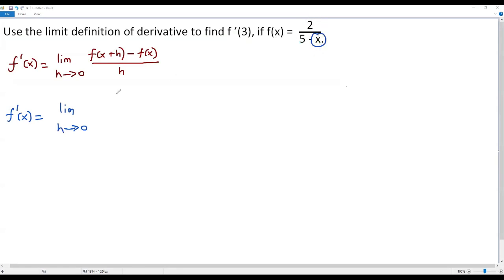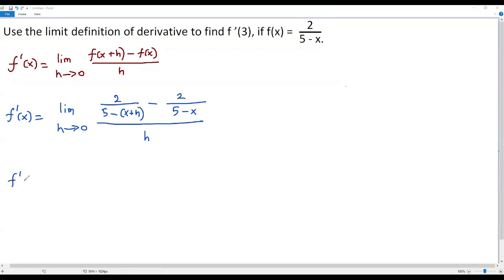Let me replace this x by x plus h. So we get 2 over 5 minus (x plus h), minus, and for f of x we already know that it is 2 over 5 minus x, all over h.